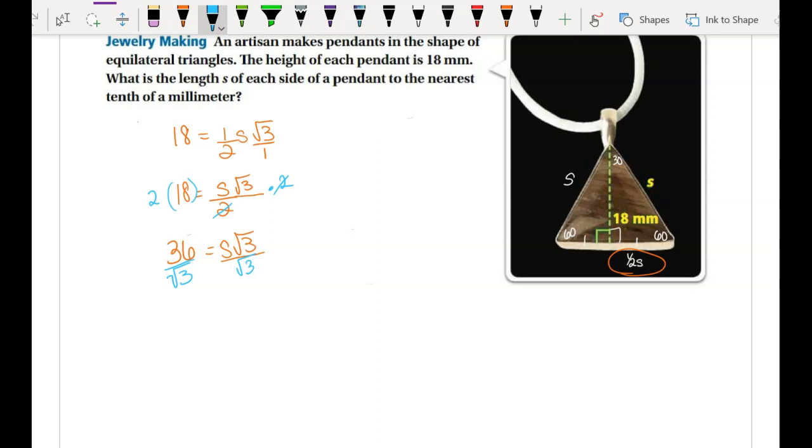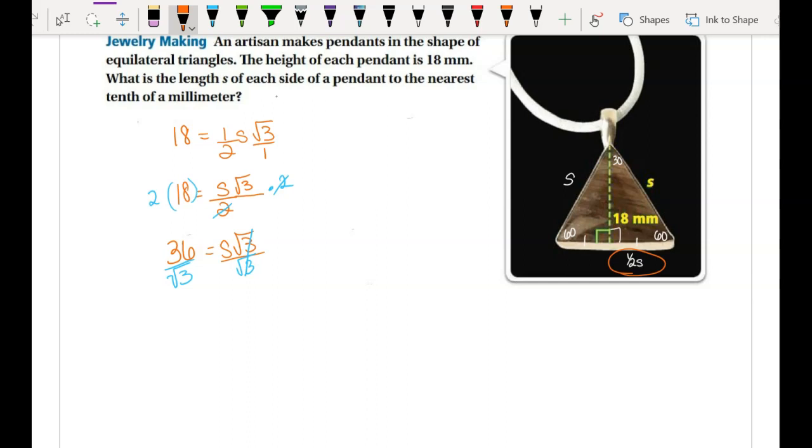And I need to look at how they want my answer. What is the length of each side of the pendant to the nearest 1/10 of a millimeter? At this point, I can just divide in my calculator 36 divided by the square root of 3.